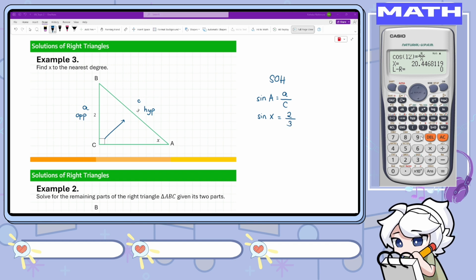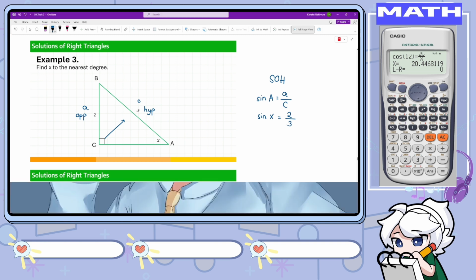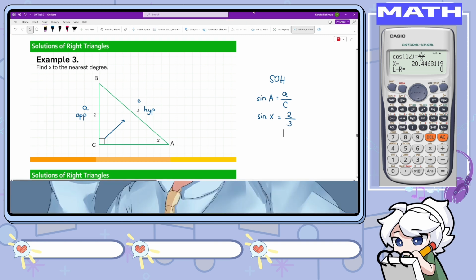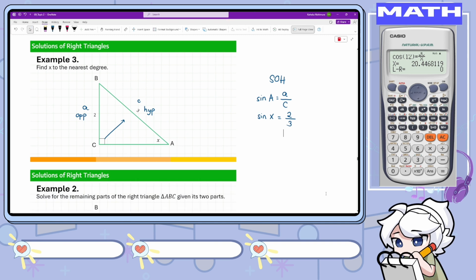Right now you can simply compute it normally; it's much better than using shift solve. But let me do the same thing. Remember, when you want to compute for arcsine, we convert this particular equation.